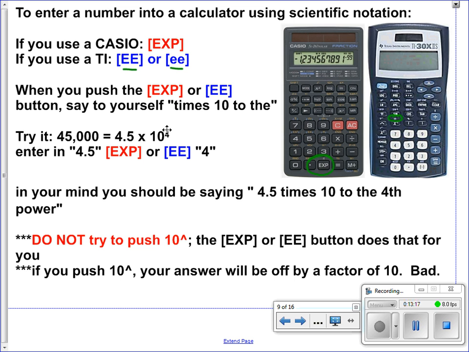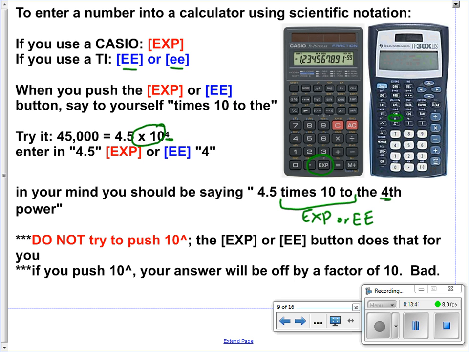And that's going to mean times 10 to the, and then you're going to enter your exponent, which in this case is a 4. So in your mind, you should be saying 4.5, and then as you enter your EXP or EE button, times 10 to the, and then 4.